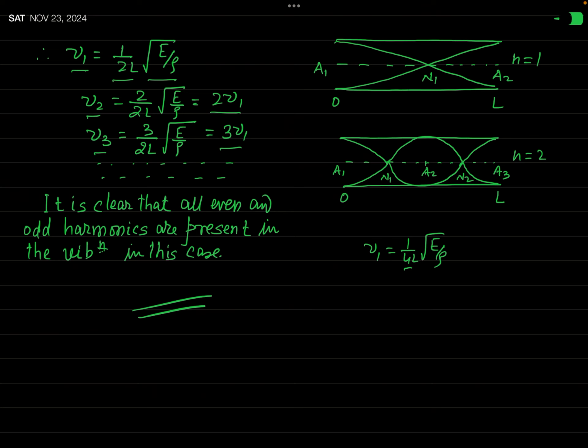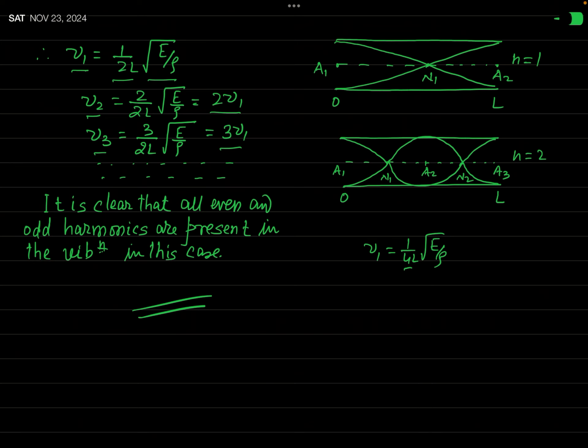So in this case, what will be the number of nodes and antinodes, and what will be the shape of the different modes? I have shown two modes here, for n equal to 1 and n equal to 2. You can see in this case, at both of the ends there will be an antinode, and right in the middle there will be a node.